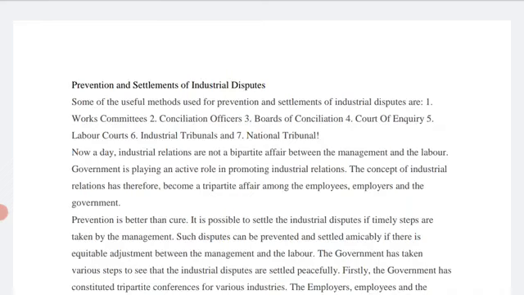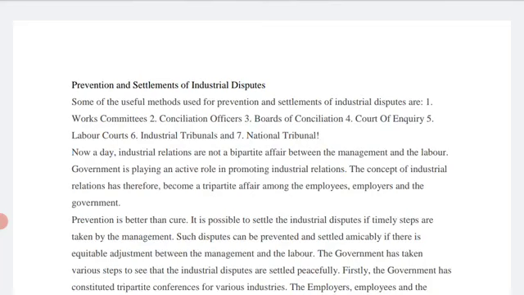The organization cannot survive in such an environment. Getting it? So how to resolve such types of industrial disputes? Industrial disputes means disputes which are conducted within the industry. Disputes which are conducted within the industry are called industrial disputes.